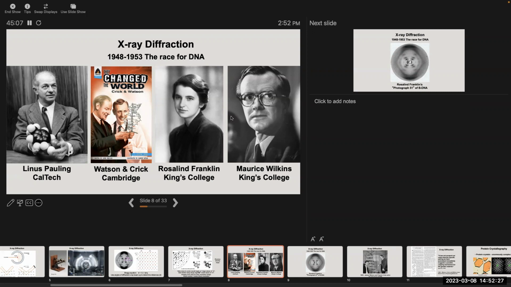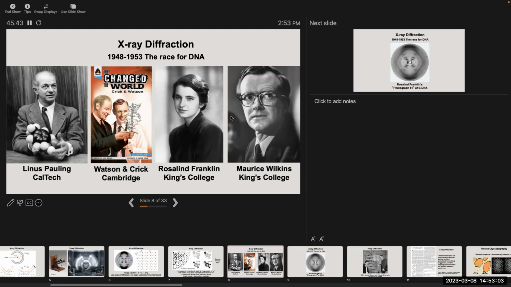Now, I have no idea how she figured that out. But she was conducting her X-ray diffraction studies under very high humidity to maintain some hydration, maintain water in the DNA structure. And she was able to get what eventually turned out to be much more accurate pictures of the structure of DNA. And I think she knew before Watson and Crick that it was actually a double helix with the bases facing in.